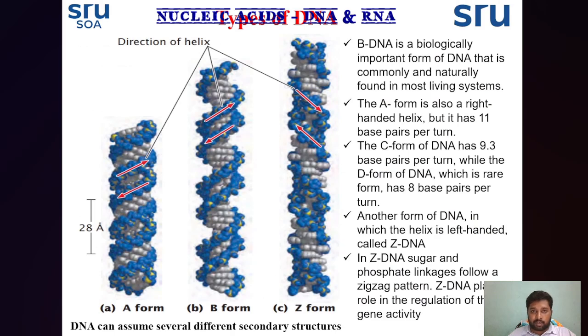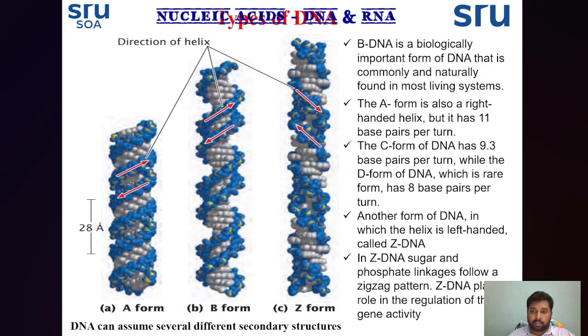And the types of DNA: basically, 4 types of DNA are there. In this diagrammatic representation I am showing only 3 forms: A, B and Z. One more form is C. A, B, C and Z forms of DNA. As we all know, B is the important form of DNA that is commonly and naturally found in most living systems, whereas the A form is also a right-handed helix DNA, but it has 11 base pairs per turn.